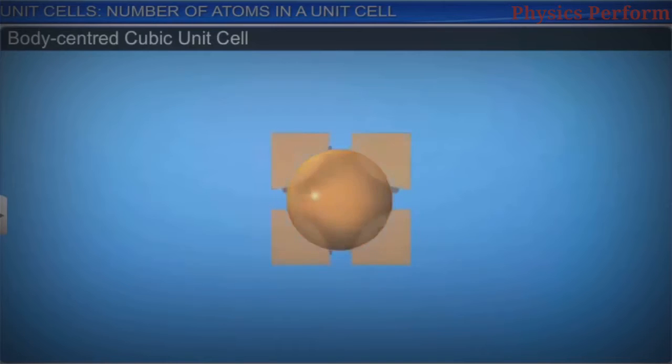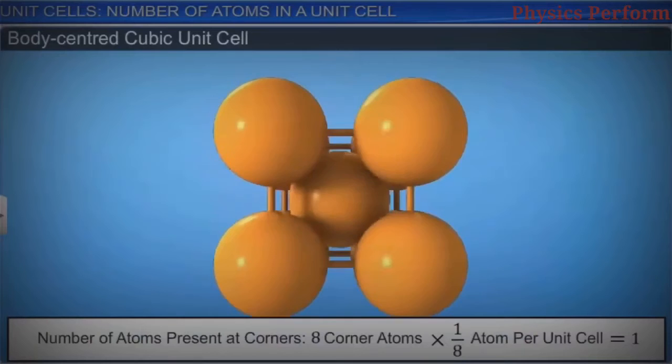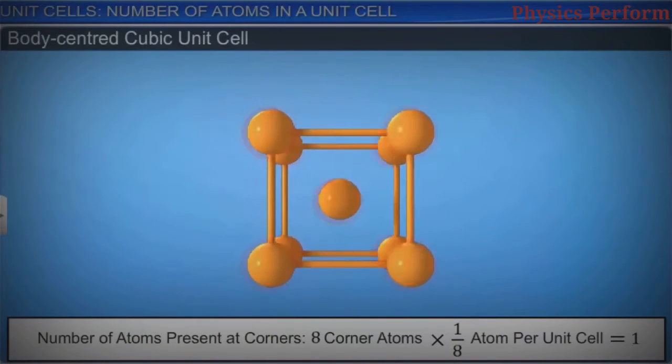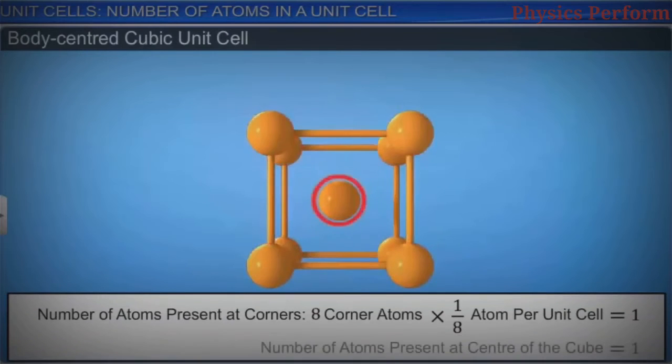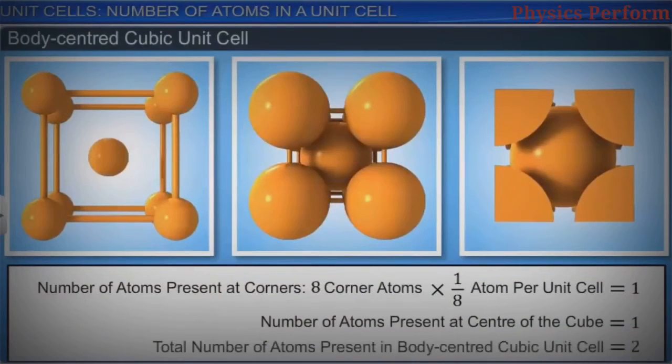Therefore, the number of atoms at the corners per unit cell is equal to 8 corner atoms into 1 by 8 of an atom per unit cell, which is equal to 1. There is one atom at the center of the cube. Thus, the total number of atoms in a body-centered cubic unit cell is 2.